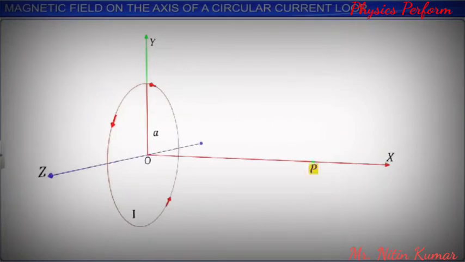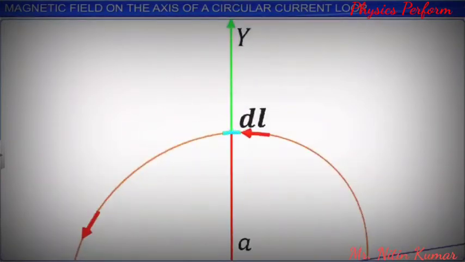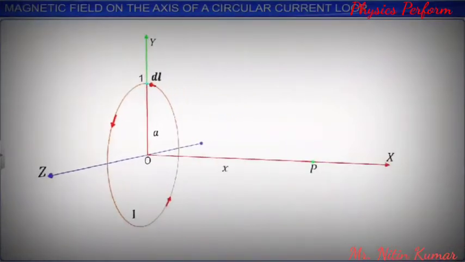Consider a point P on the axis of the circular loop at a distance x from the center of the circular loop. Let dl be the small element of the circular loop located at position 1 as shown, and dB be the magnetic field induction at the point P due to the current I passing through the small element of the loop.